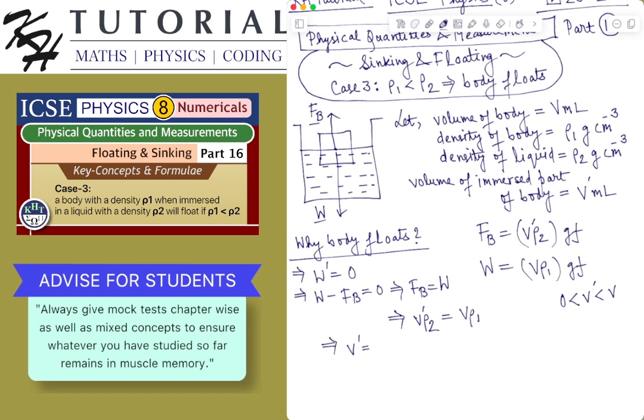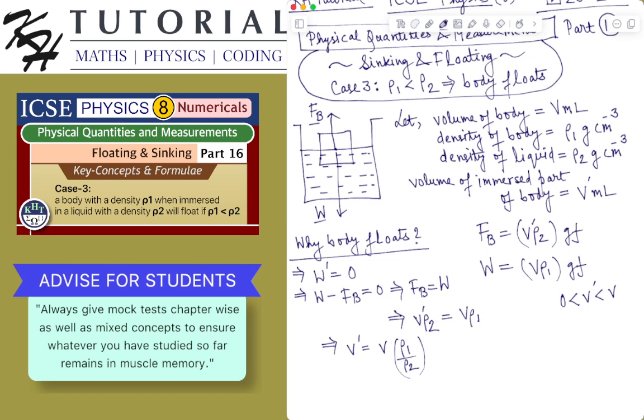V dash is coming out to be V multiplied by ρ1 by ρ2. So we are getting V dash to be V multiplied by ρ1 by ρ2. Can this be true? Can V dash be equal to V multiplied by ρ1 by ρ2 for whatever values of ρ1 and ρ2, provided that ρ1 is less than ρ2?